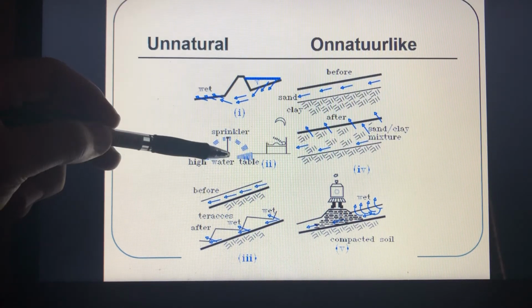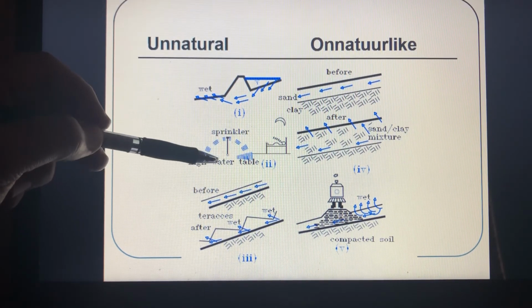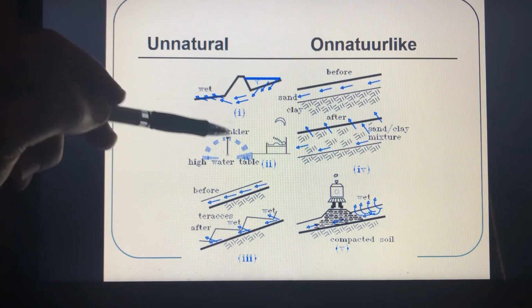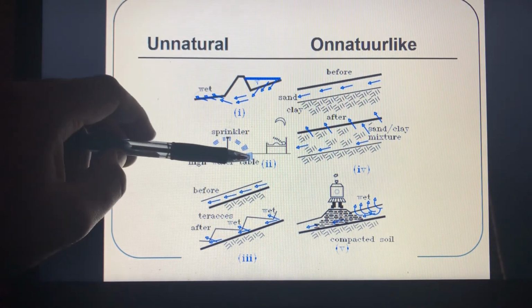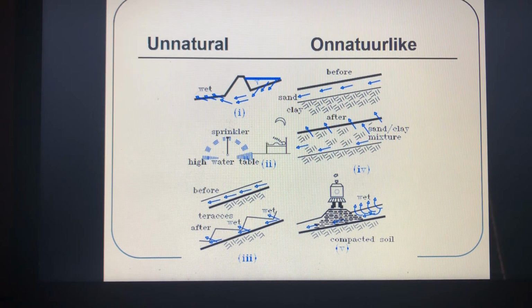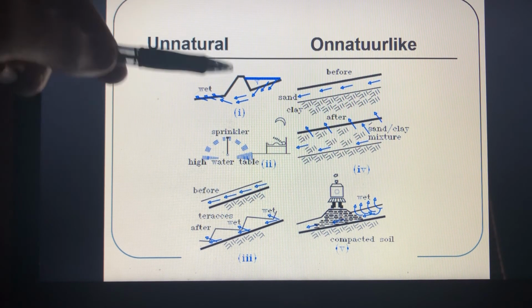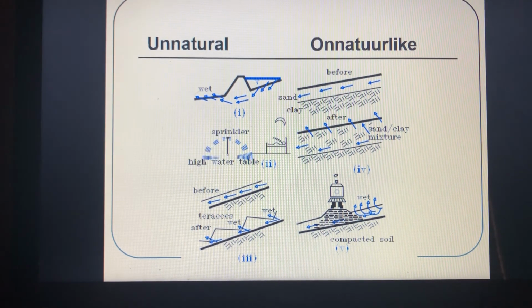Secondly, a sprinkler. That's when you're using too much water, or sometimes not even too much, but for a while around your sprinkler, you'll have waterlogged conditions because the water accumulates on the soil, and especially if your soil doesn't have a high drainage permeability, then you'll see that happening.